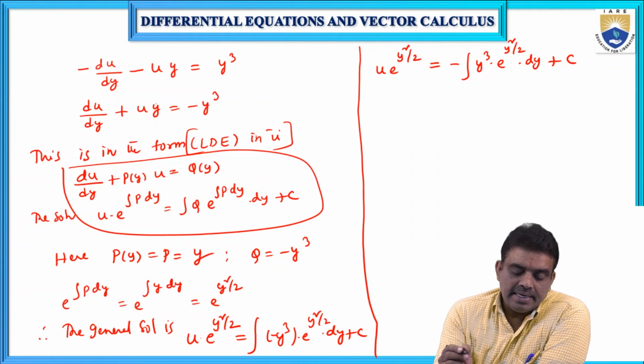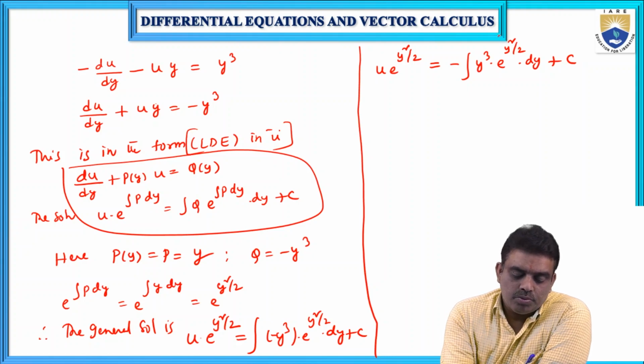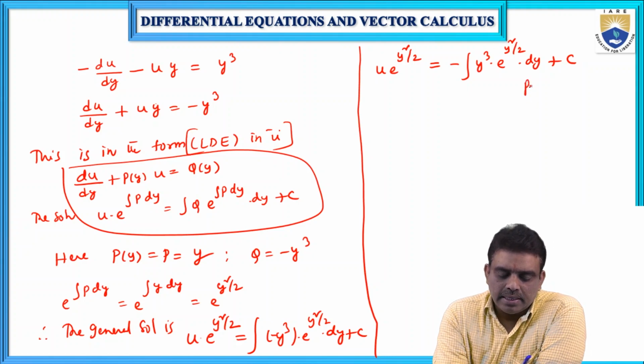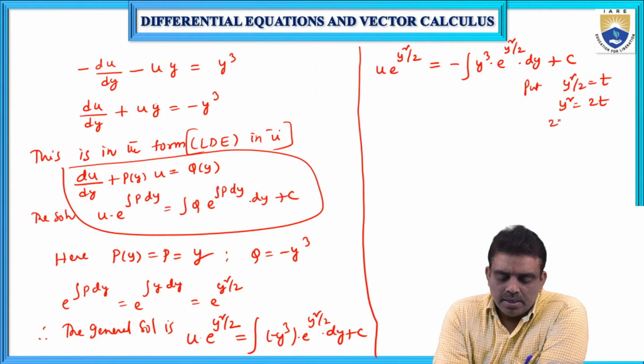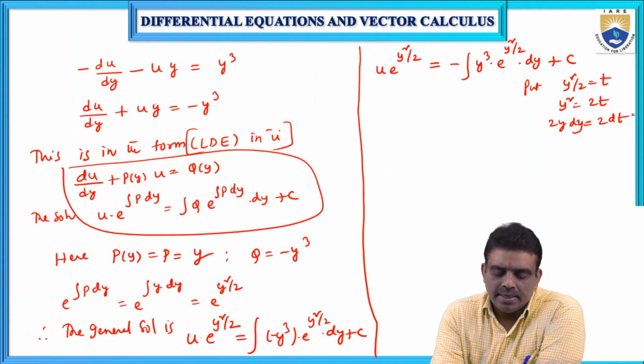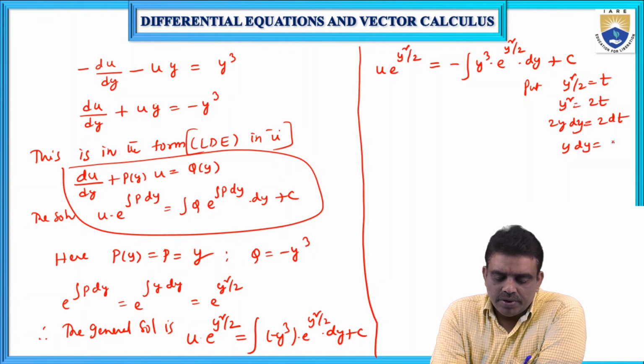Now to evaluate the integral on the right hand side, you have to assume y square by 2 is equal to t. Another substitution. So y square by 2 is equal to t. Y square is equal to 2t. 2y dy is equal to 2 dt. Or y dy is equal to dt.